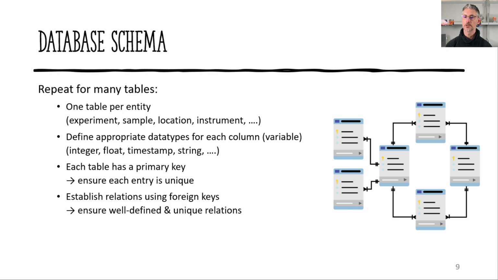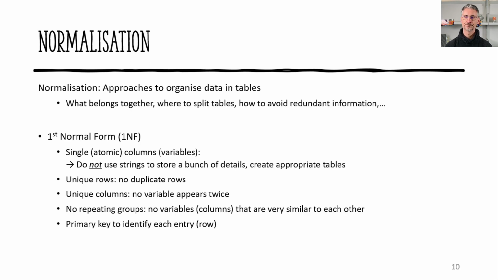Each table has its own primary key, and this is also to ensure that each row entry is unique, that we can't, for example, enter the same instrument twice. And then we use those primary keys as foreign keys in other tables to establish relationships.